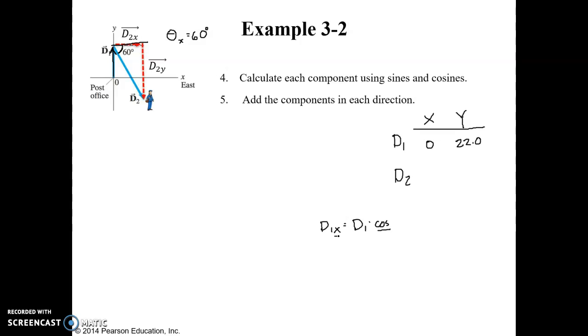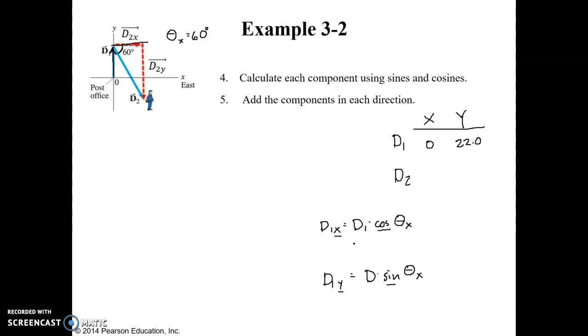It's always cosine for the x component. Cosine of theta sub x. And d2 in the y direction is going to be d2 times sine. And again, sine is associated with the vertical direction, times theta sub x.